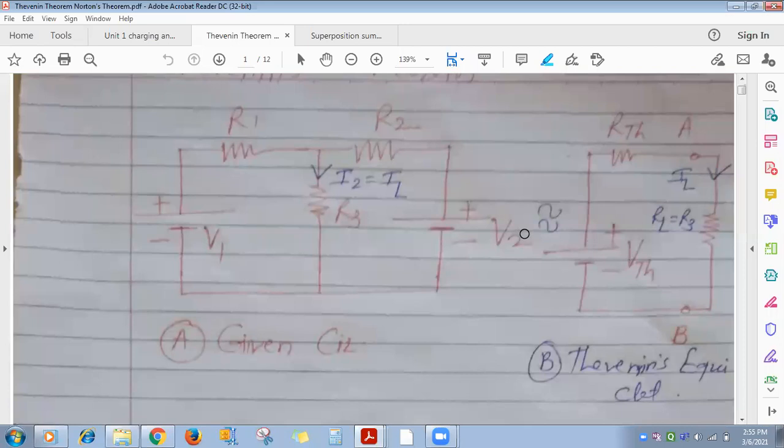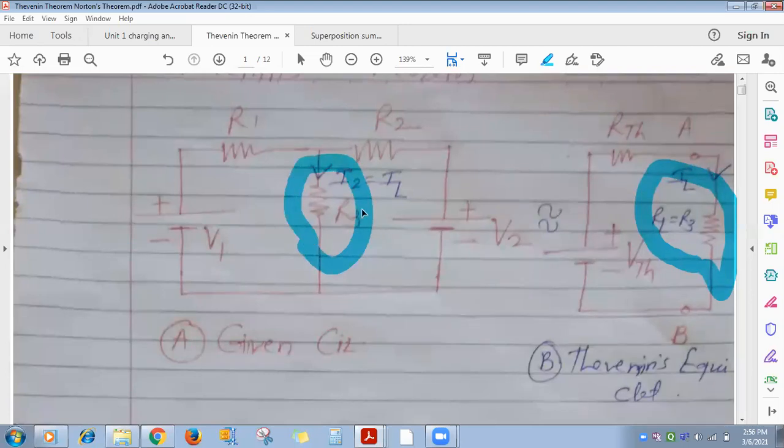Now in both the circuits, an equivalent circuit sign is there, means whatever the circuit on your right hand side and left hand side are equal. In both the circuits this load resistance RL, its value is same, and the current flowing through this load resistance, I2 equals IL, is also same.